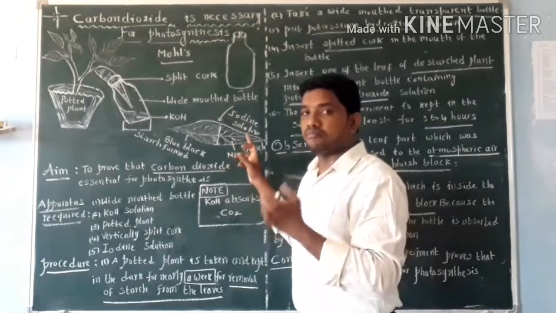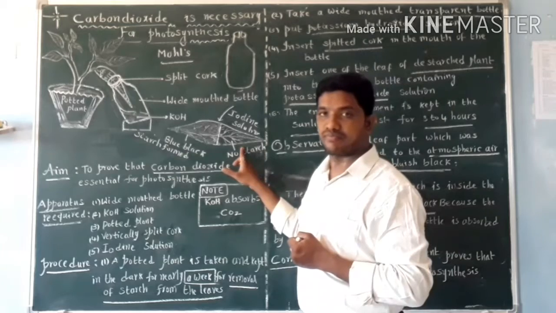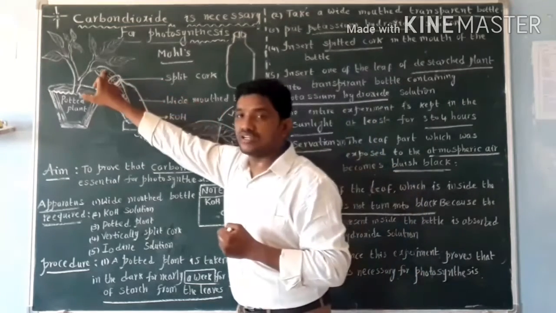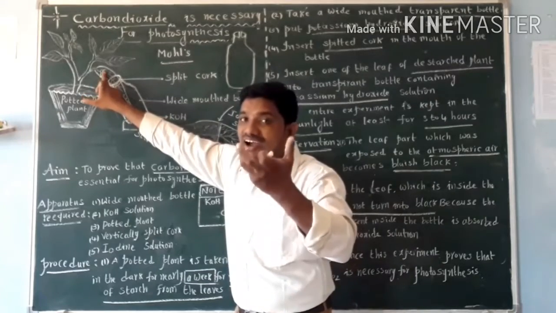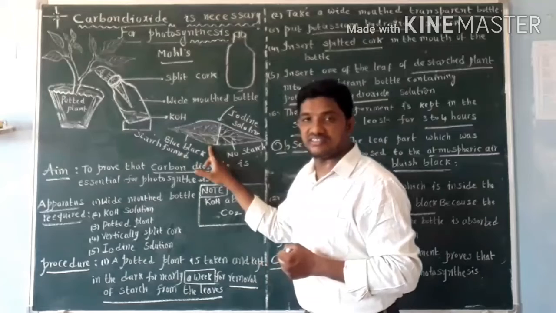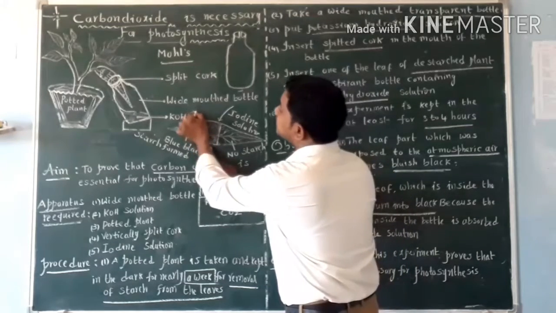When we pour iodine solution on the leaf, the part which is outside the bottle prepares starch. How can we know? By using iodine solution. This is the outside part of the leaf.